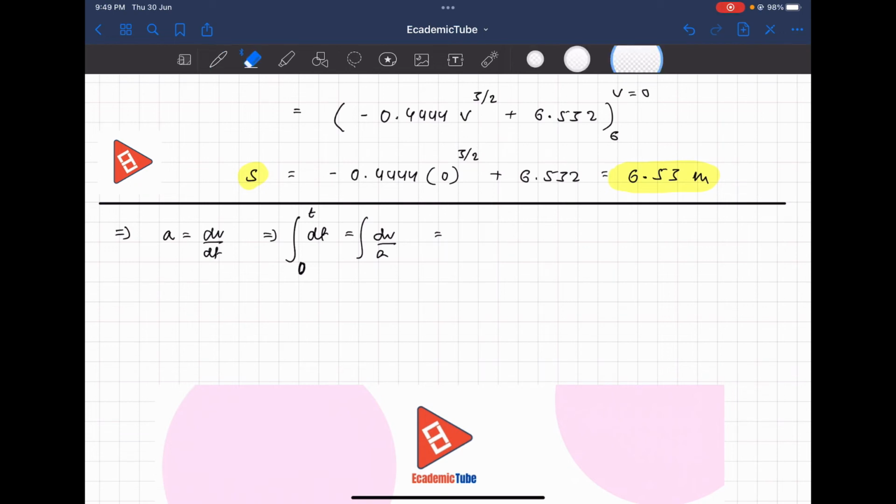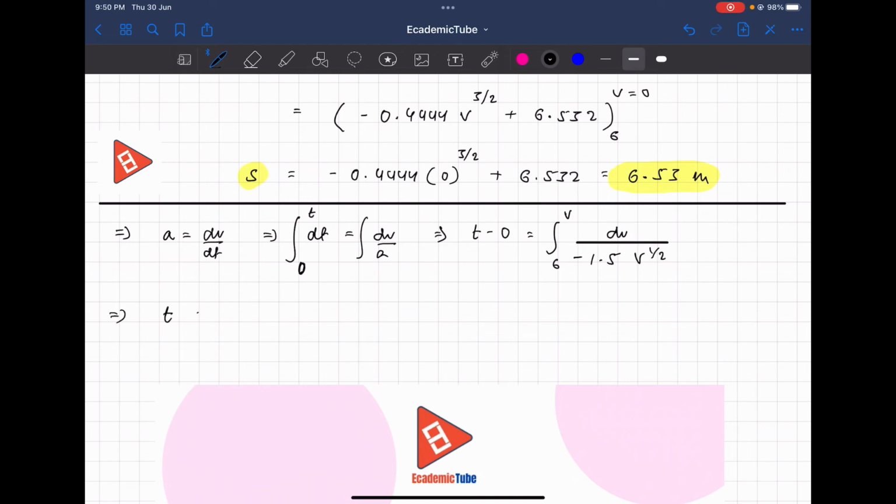So after integration, we will get t minus 0, and for this part we write the integral of velocity, at starting it is 6 and the final velocity v, dv as it is, and we will write the value of a, which is minus 1.5 v to the power 1 by 2.